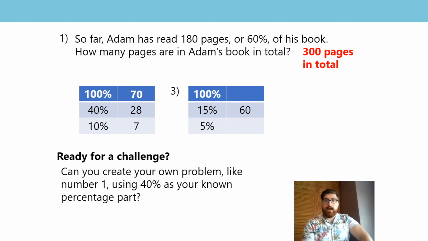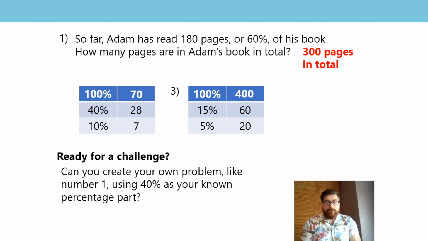And the next ratio table, we've been given 15%, but we haven't been given 100% or 5%. So let's see if we can work that out. Well, 15% is 60, so 100% is 400, and finally 5% is 20. I hope you got those correct.